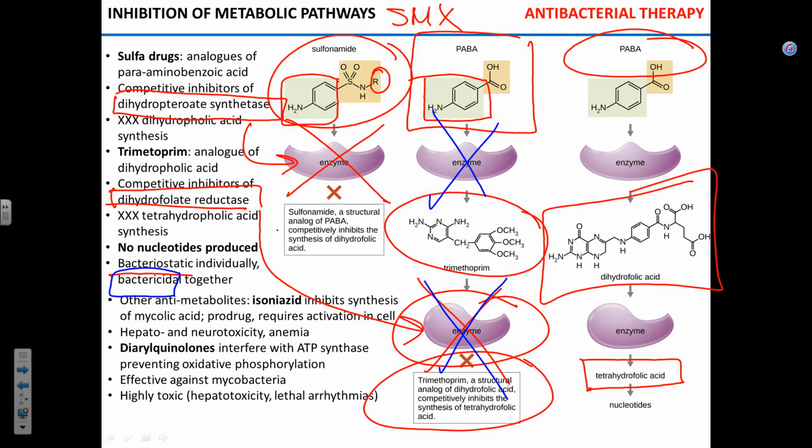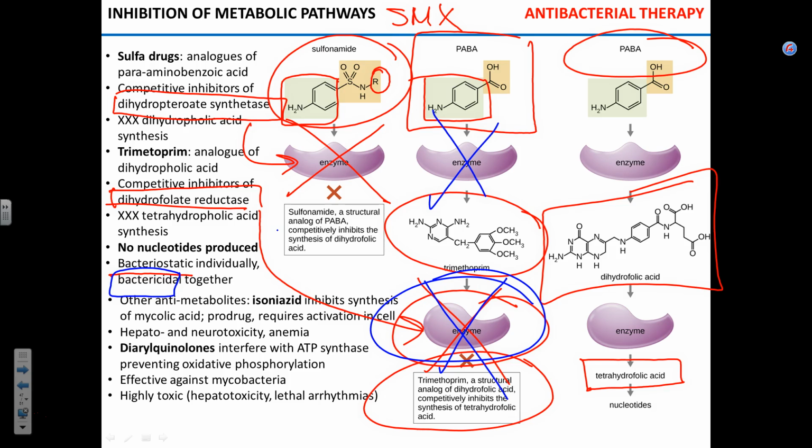As far as I understand, the idea behind bacteriostatic versus bactericidal in this case is, if you block this, there's probably some enzymatic detour. It still allows you to produce some nucleotides, maybe not as many, not as fast, so the cell stalls in growth.